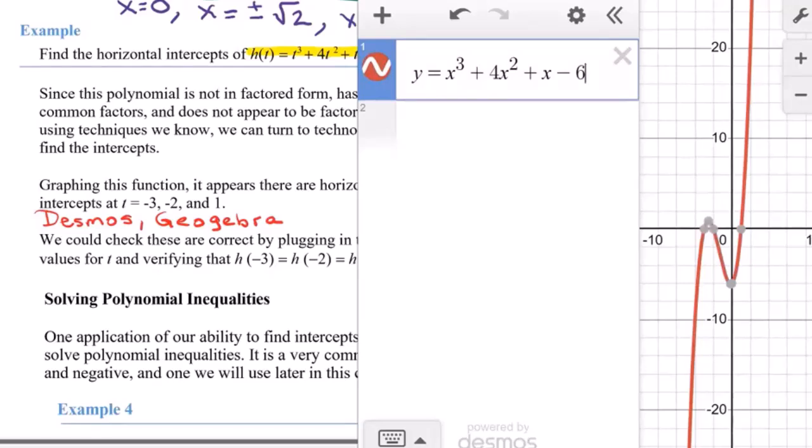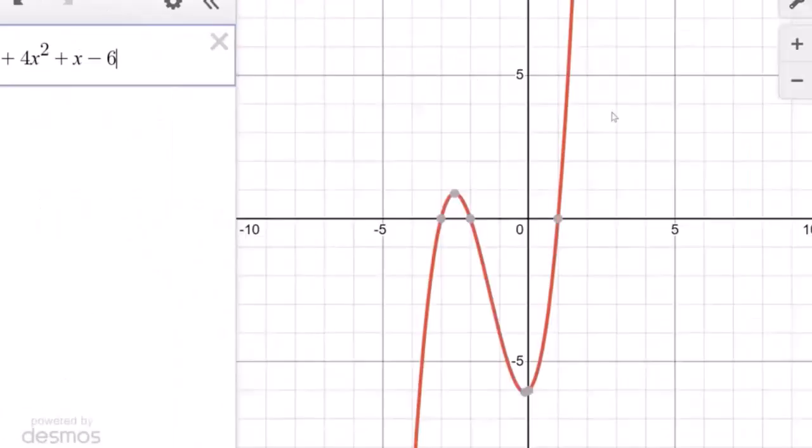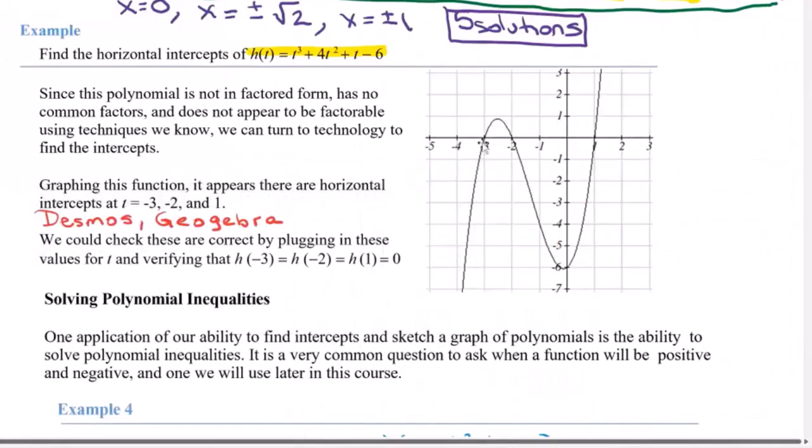All right, so if I open this up full screen, I can actually see I have an intercept here at -3, 0, -2, 0, and 1, 0. So I have found all my intercepts, and that should be exactly the same, which it is, for this graph.